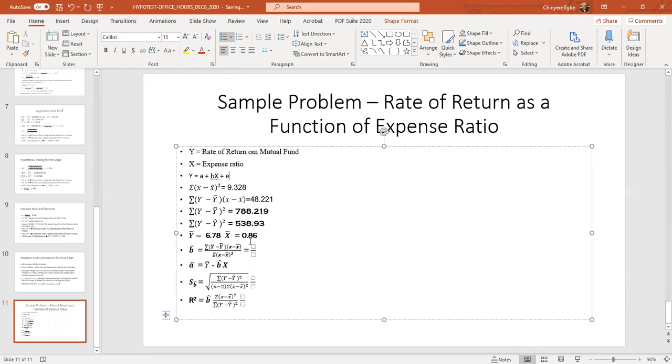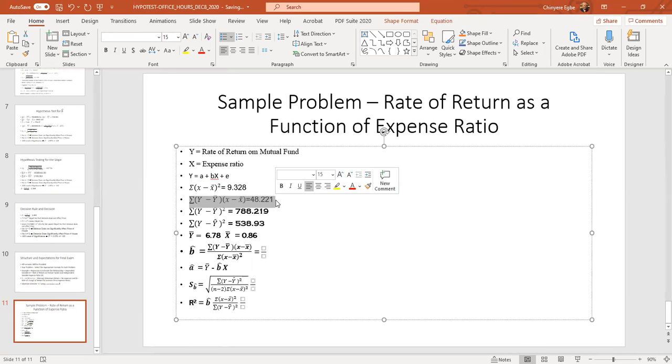Now, b hat is estimated using this formula, but I've given you the value for the summation of y minus y bar times x minus x bar. That value is here. Is that clear? Yes, it's very clear.